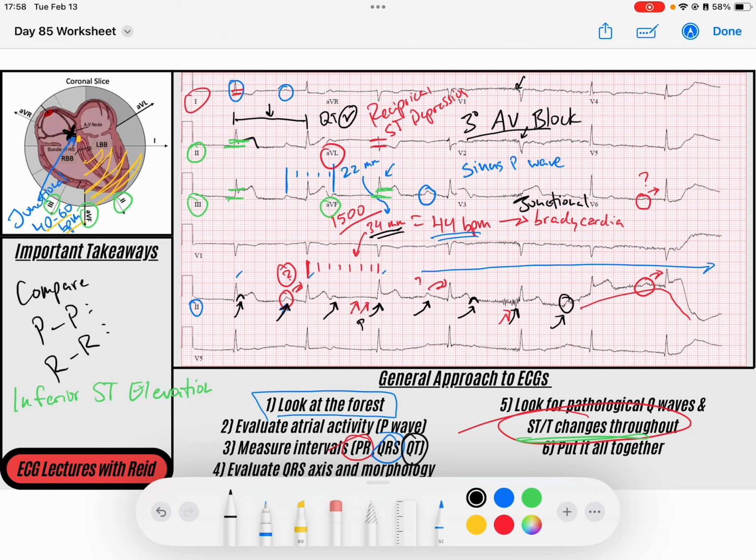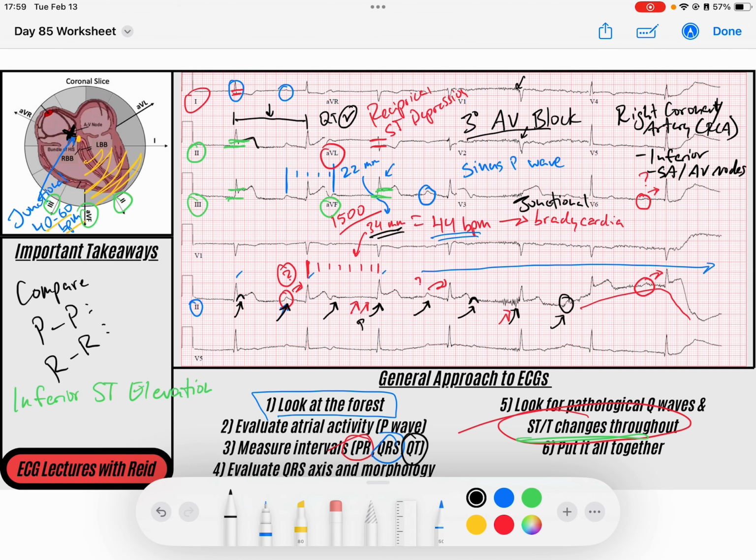Well, we know that the right coronary artery, or the RCA, often supplies the inferior portion of the myocardium, and it supplies the SA and AV nodes.